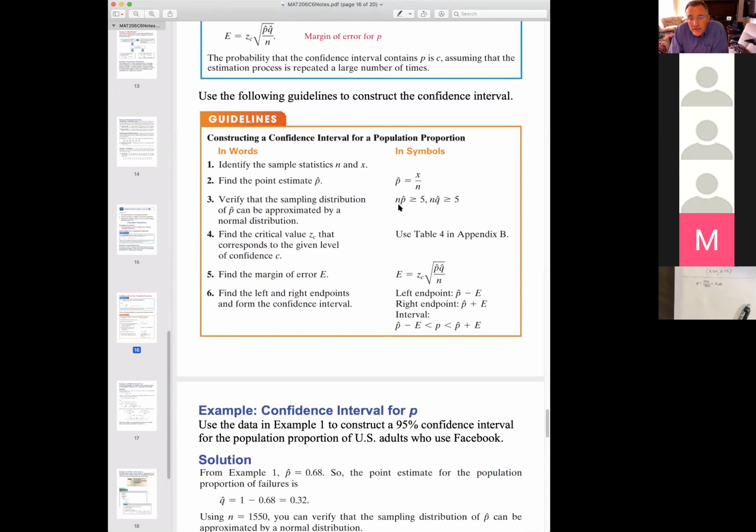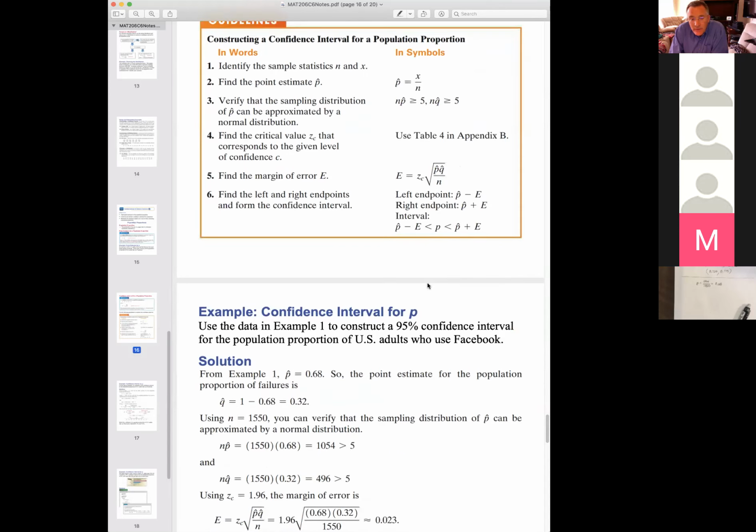To do that, we need np and nq to be bigger than 5 so that our distribution turns out to be normally distributed. Find the critical value. Of course, in the book, it says to use the book, but you can use your calculator or StatCrunch or something like that. Calculate the margin of error, and we're done.